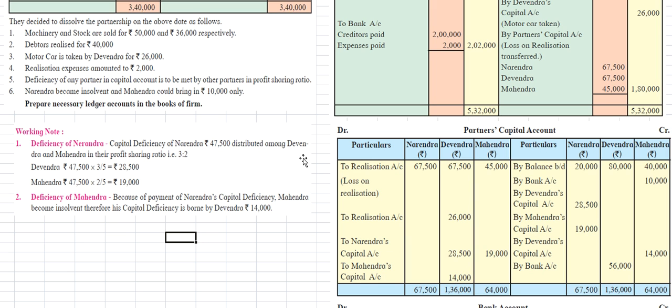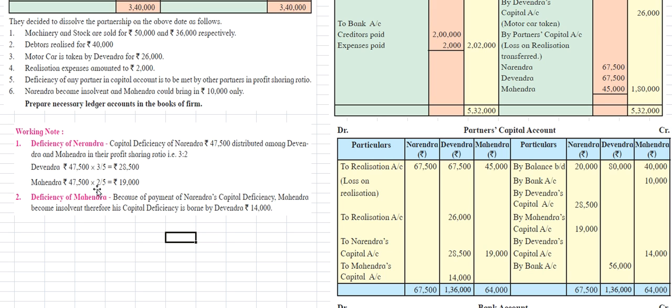This is distributed among Devendra and Mahendra in their profit sharing ratio. 47,500 rupees is the deficiency amount that needs to be paid by the Narendra. So Devendra and Mahendra, in the profit sharing ratio, are paying to the Narendra. So 47,500 into 3 divided by 5 is 28,500 rupees.